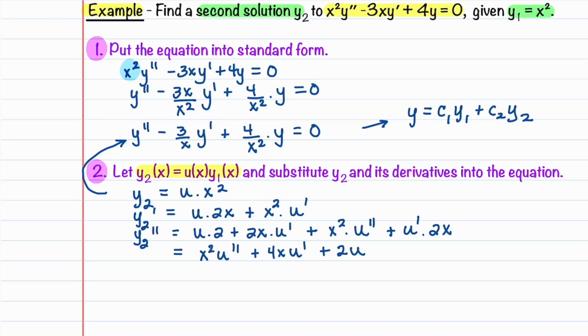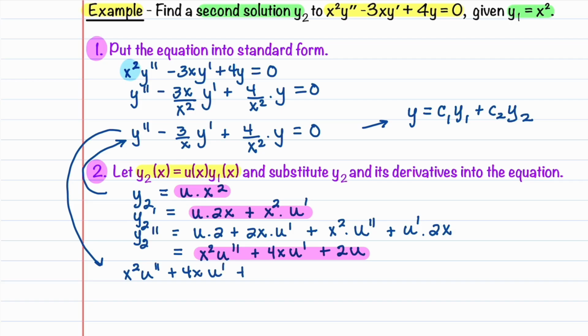Let me highlight these because these are the ones that we are going to be substituting back into our equation. Now we can do that. Let's draw another arrow here. This equation is now x squared u double prime plus 4x u prime plus 2u minus 3 over x times y2 prime, which is 2xu plus x squared u prime.